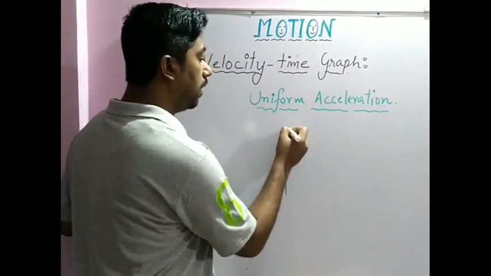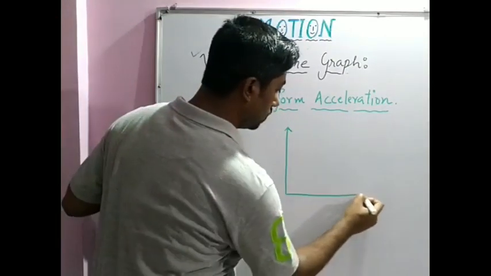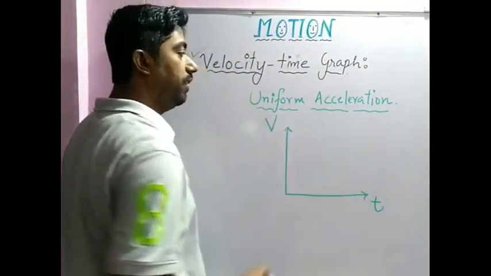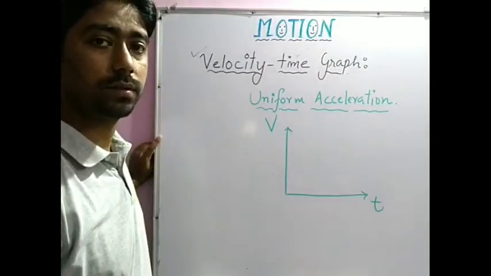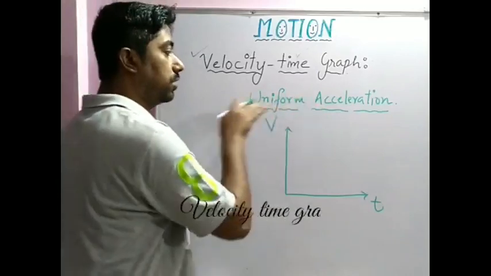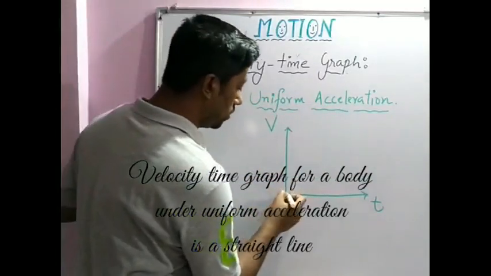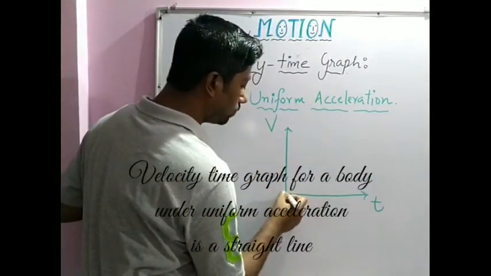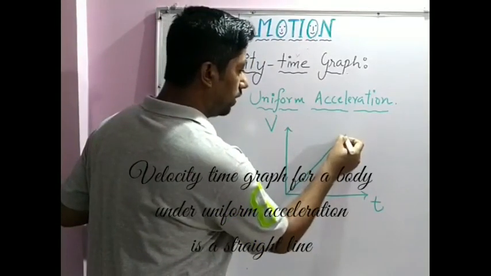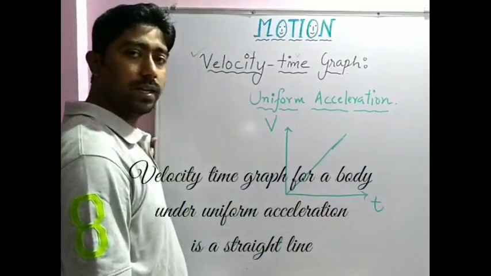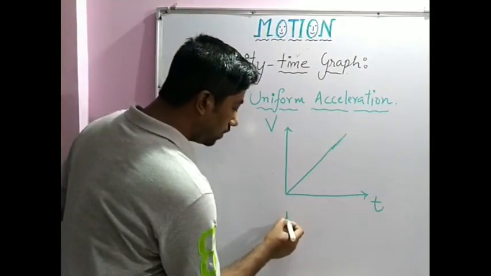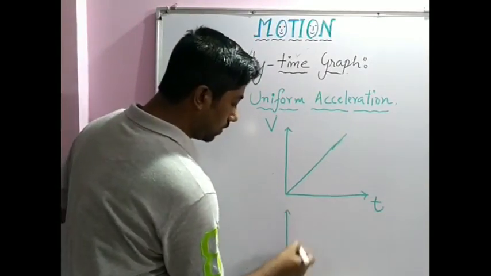Under this situation, the velocity-time graph for a body in uniform acceleration is a straight line, like this, or it may be like this.